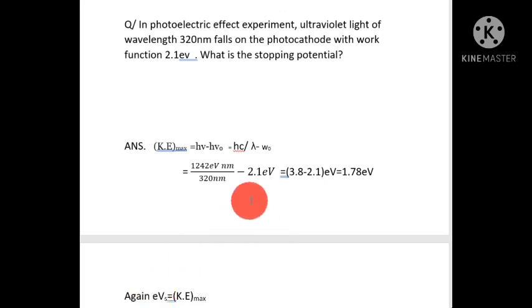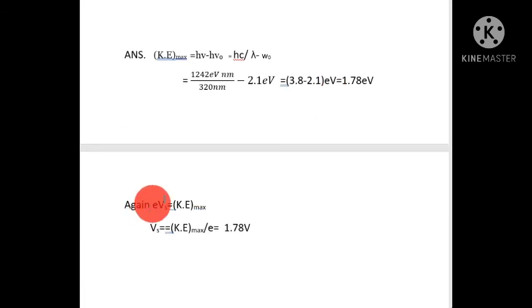Putting all the values and solving, we got the kinetic energy equal to 1.78 electron volt. Later, this kinetic energy is equal to the stopping potential multiplied by the charge of electron, and solving this we got the answer 1.78 volt, which is the stopping potential asked by the question.